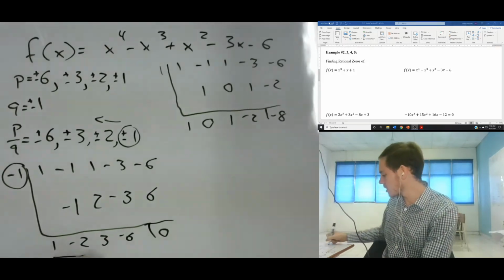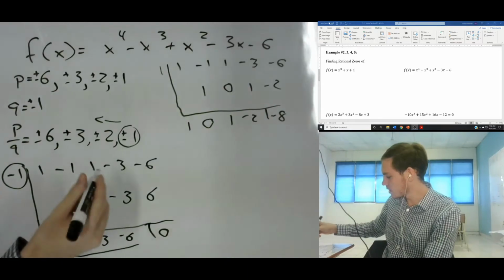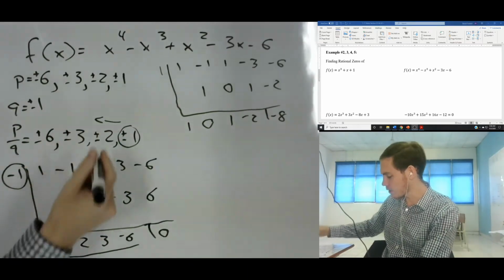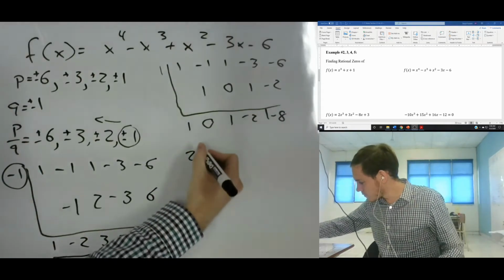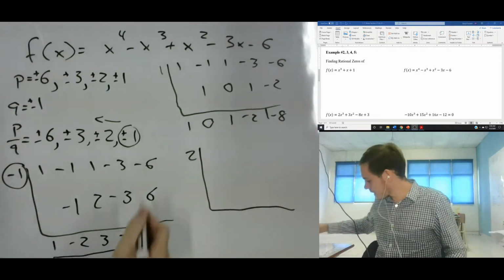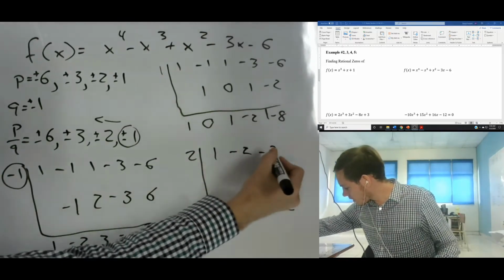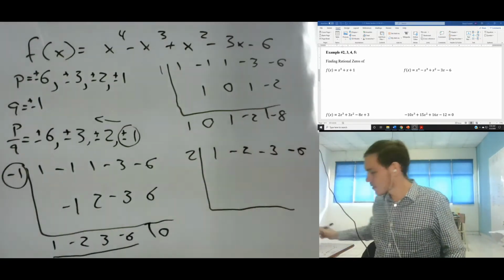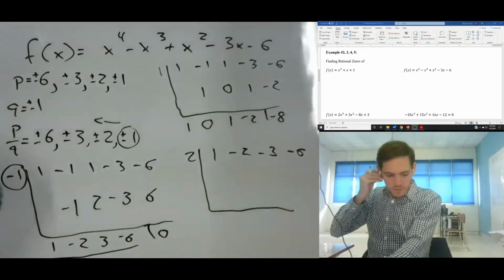Now, we actually are going to use this with the next one. So let's go to 2, okay? So we went from 1, let's go up to 2. So let's do positive 2, and we have 1, -2, -3, and -6. Okay, I'm reaching over, so I'm going to scoot a little bit closer.